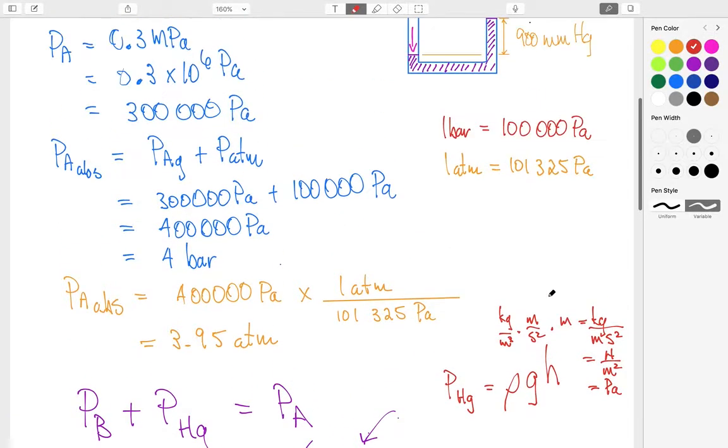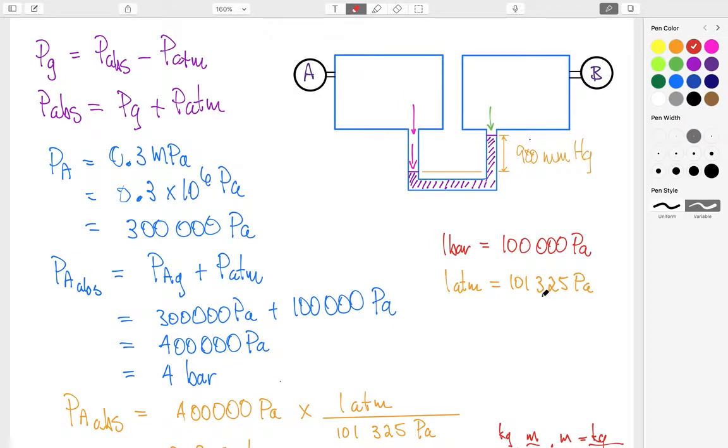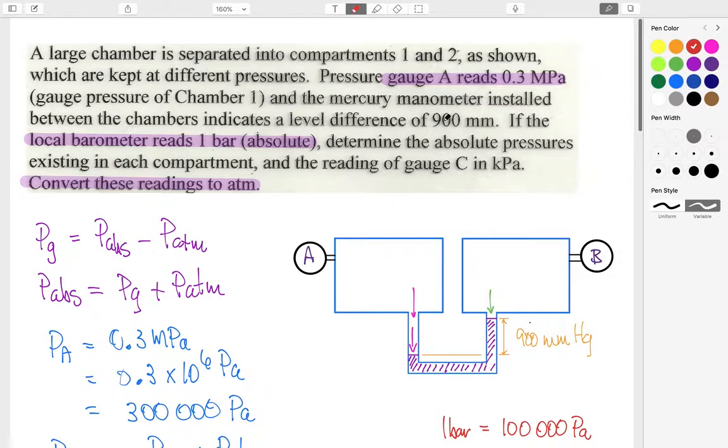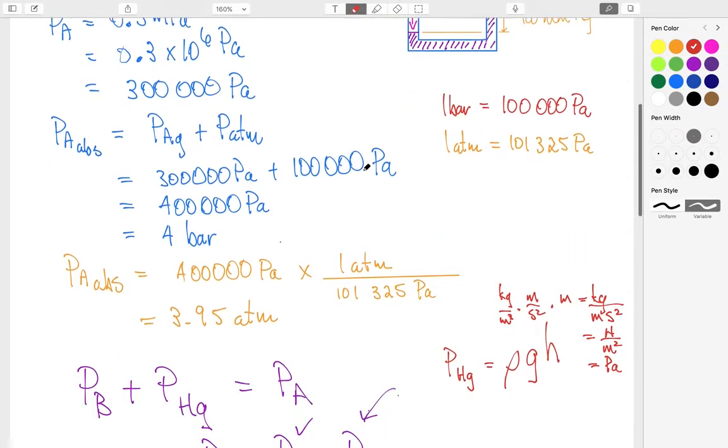So what are we going to do? We're going to take a look at this. In the problem, we're given that it's 900 millimeters of mercury, and we are not given the density or the gravitational field constant, but from question 1 in this exercise, we used two values. I'm going to reuse those values.